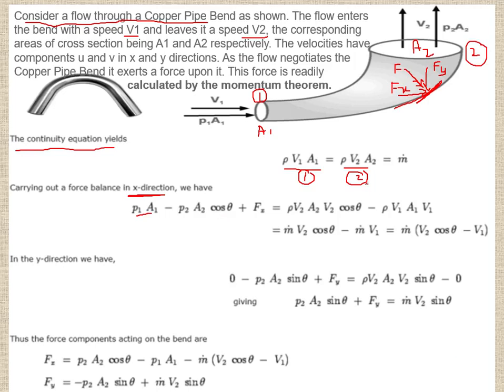Please, one thing you must note is that it is not given here that the velocity v2, when the fluid leaves the pipe bend, leaves in y direction or with a particular angle.